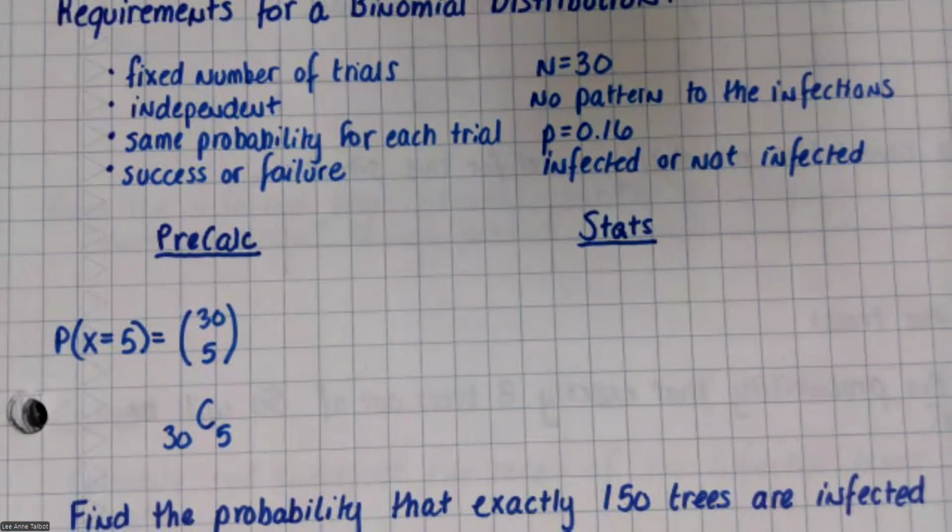Follow that all the way out to 30 trees. Draw the line and then count how many of them are yeses. 30 combination 5 will give you how many of the branches would have exactly 5 yeses and all the rest of them would be no.